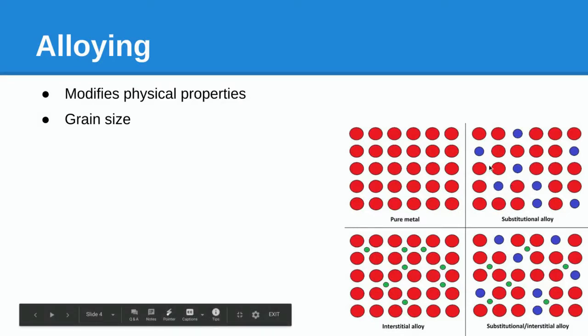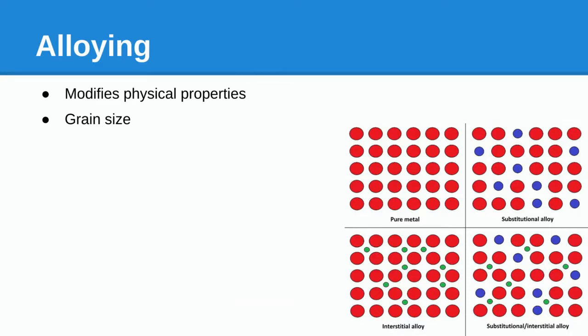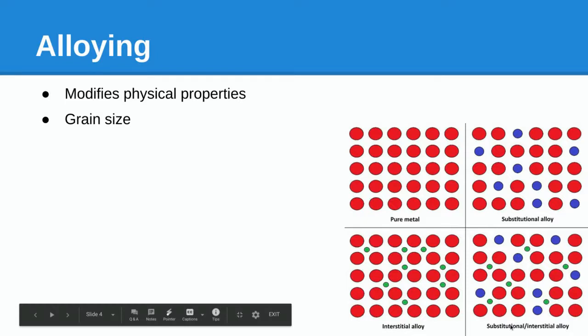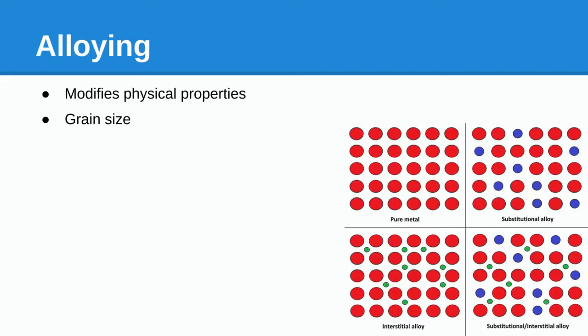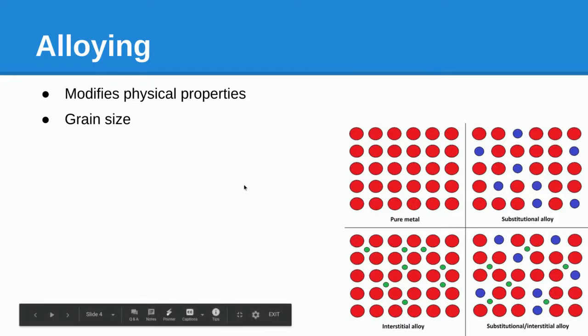So where there may have been some gaps initially, they're getting filled by the grains or the crystalline structure of the other metals that they're mixing with. And in the end, if you start to mix multiple things together, it kind of gets chock full of stuff. And it's now not going to be as soft and flexible as it used to be. And maybe that is a desirable trait of your alloy that you're making.